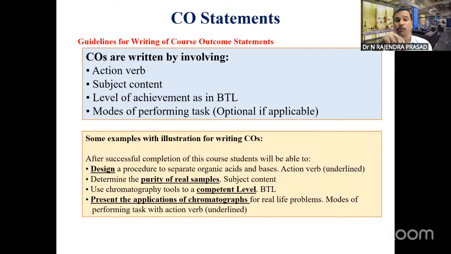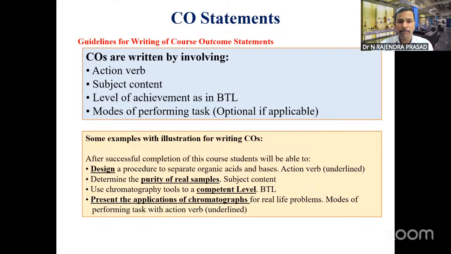Subject content, you cannot miss. Action verb, subject content. And you have to incorporate the Bloom's taxonomy level also, whether he has to study that course to fulfill the course outcome by applying the knowledge or by remembering the information, by understanding the information, by evaluating the information, or by the ability to create something new. That is the Bloom's taxonomy level.